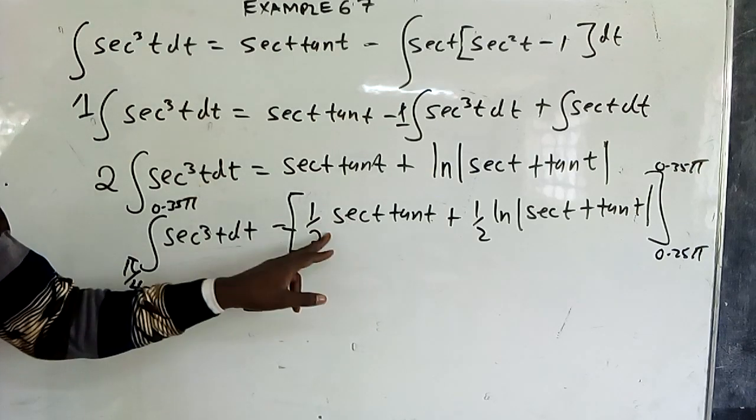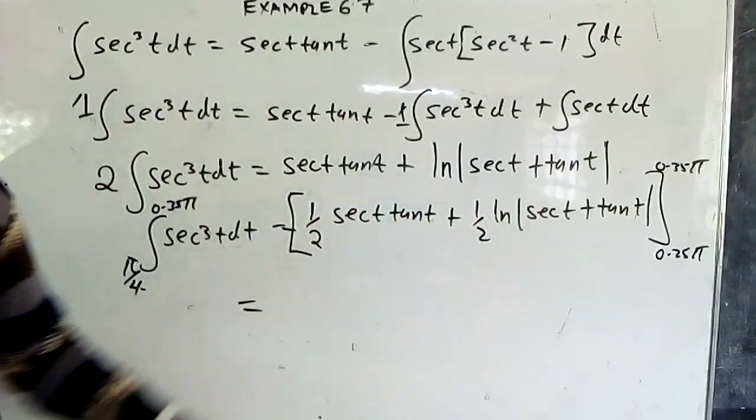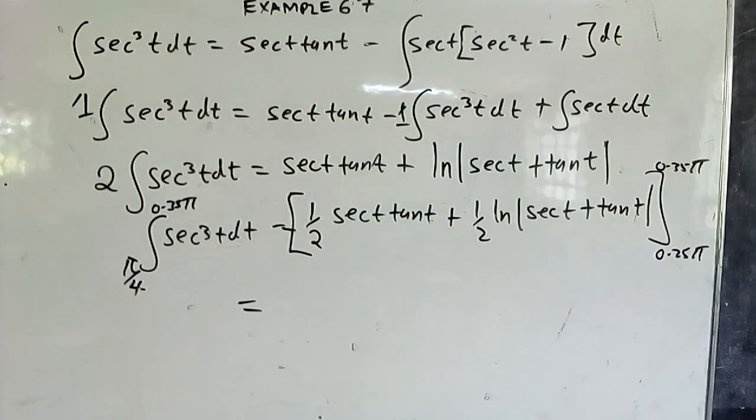Then you substitute a half sec t tan t plus a half ln of sec t plus tan t. We are substituting in the calculator. You've already changed it to pi radians. 0.35 pi. Yes. Good. Then go on, a half. Remember, sec t means 1 over cos t, isn't it?